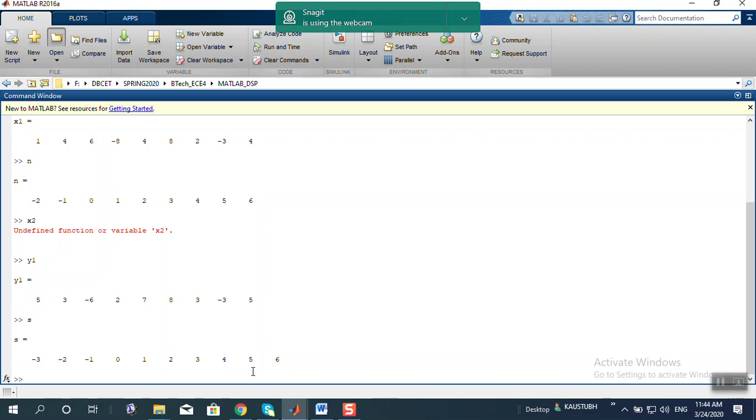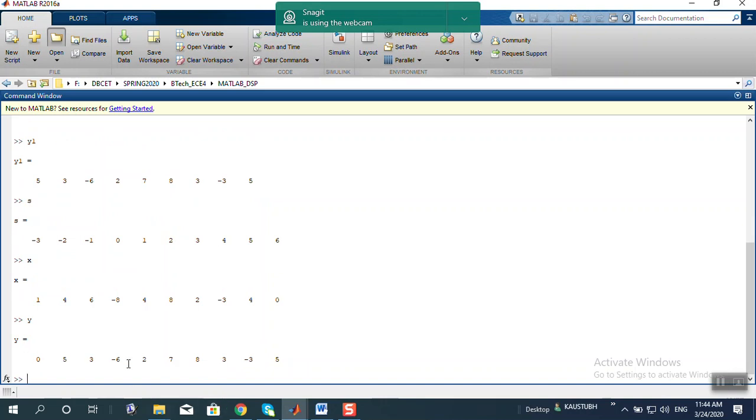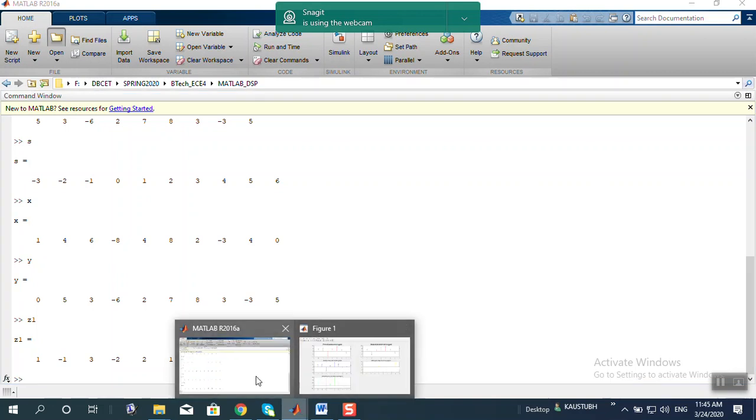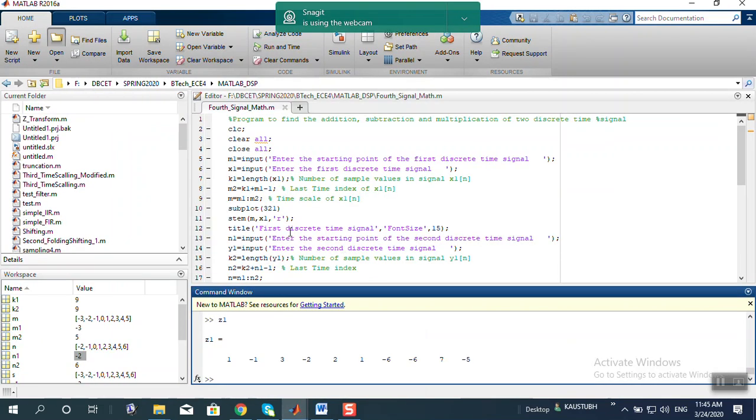Now in this case, you see the 0 of X and Y is on this side. Now Z1 addition, so it is 1 plus 0, 1, 4 plus 5, oh, let me see what is Z1.